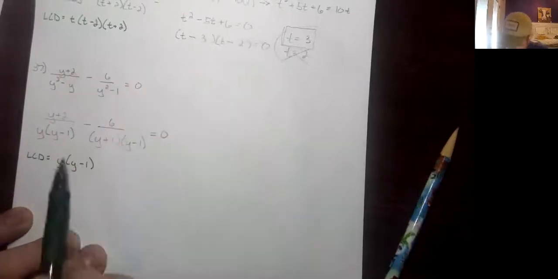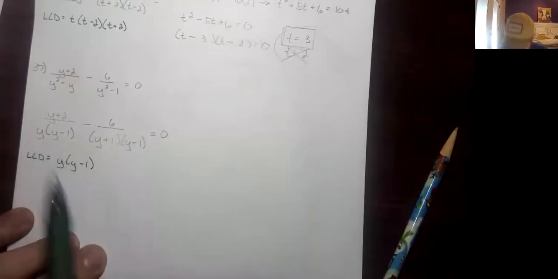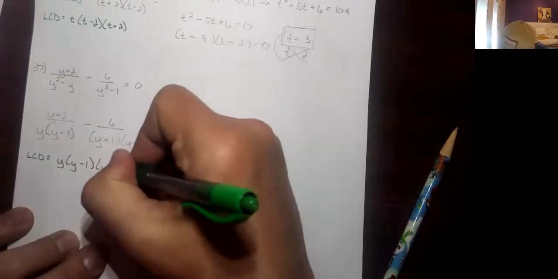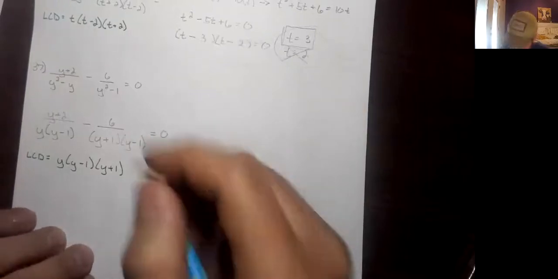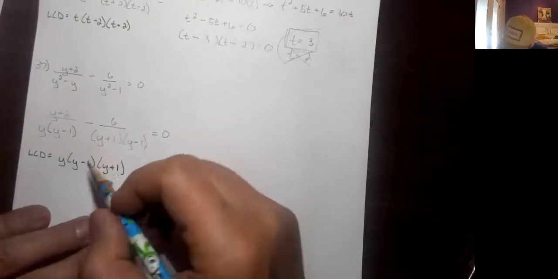So what we'll do here, I'll stick with the same method I've been doing. I'll put the LCD down here. I already know I have y times y minus 1, and I'm missing y plus 1. I guess I shouldn't have chosen this one. It's literally the same thing I just did with a y instead of a t, sorry.